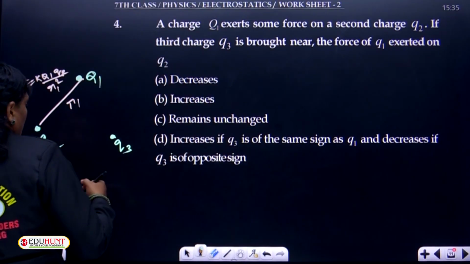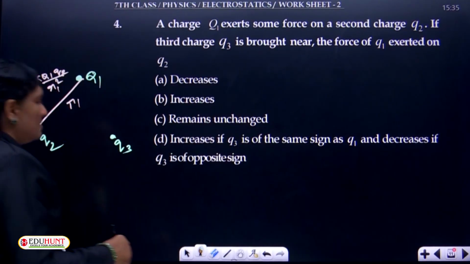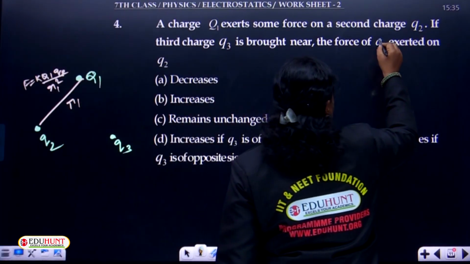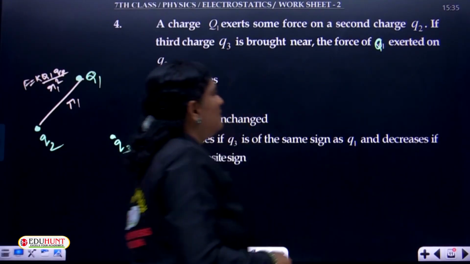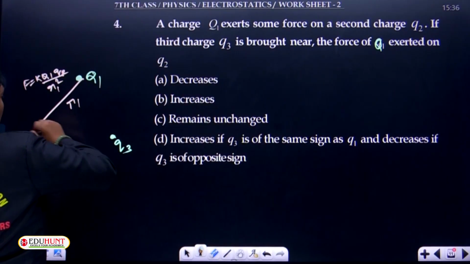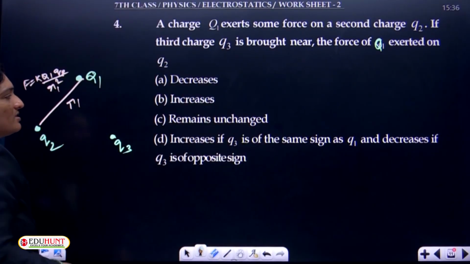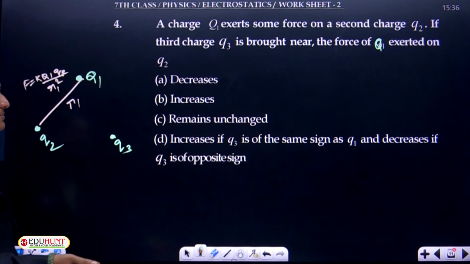Q1 is this. A small correction, children: this should be written as capital Q1 in order to remove the confusion. Then the force exerted by Q1 on Q2 will decrease, increase, or remain unchanged if Q3 is of the same sign or something.